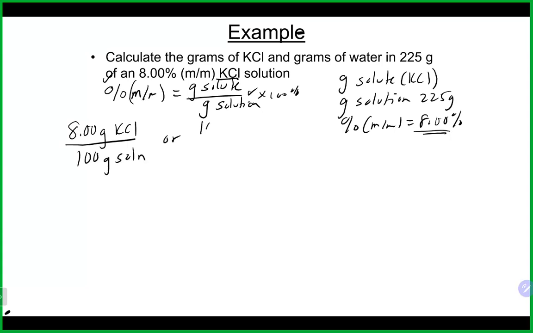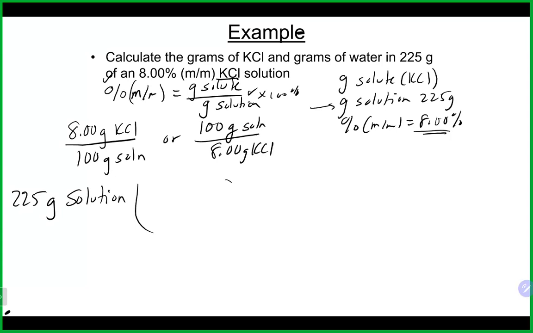Or you could flip it around and go with 100 grams of solution is 8 grams of KCl. So I have the grams of solution, which would be 225 grams, and I can just think about it like a dimensional analysis problem.